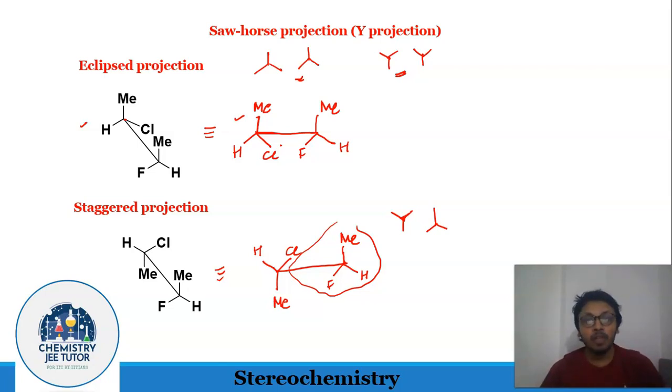Had the rotation been restricted, this wouldn't have been possible. But since the rotation is free, scientists came up that if you want to change from one conformational projection to another conformational projection, you can keep the whole of the molecule fixed. And you can rotate the substituents around one of the carbon atoms, so that they can change positions.